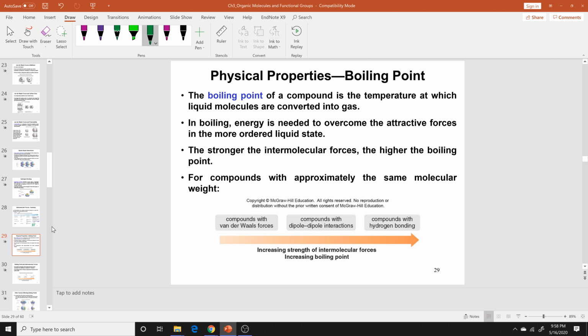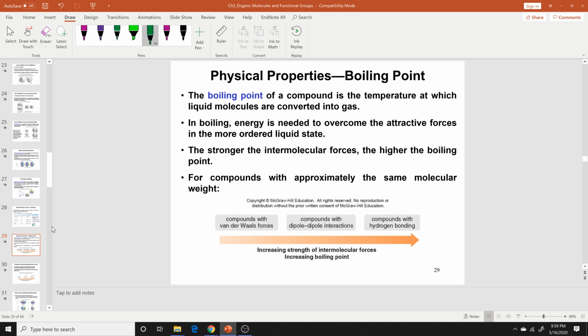Now, the physical properties are determined by the type of intermolecular forces that you have. So the stronger the intermolecular forces, normally the higher is the boiling point. Boiling points, they are affected by the intermolecular forces. To define the boiling point of a compound, it's the temperature at which the liquid is converted to a gas.